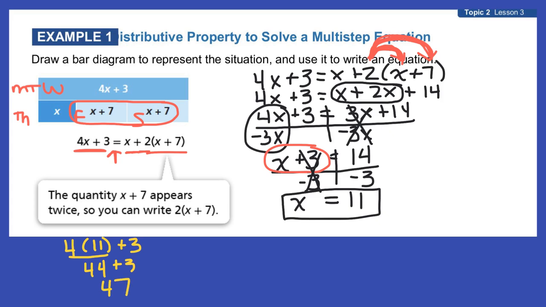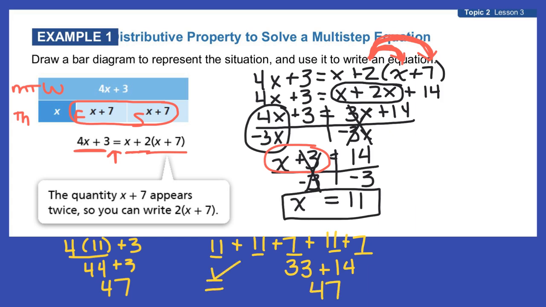Thursday was x. Friday was x plus 7. Saturday was x plus 7. This is 33. This is 14. Together, that is also 47. If those are equal, I have checked and I have the right answer.